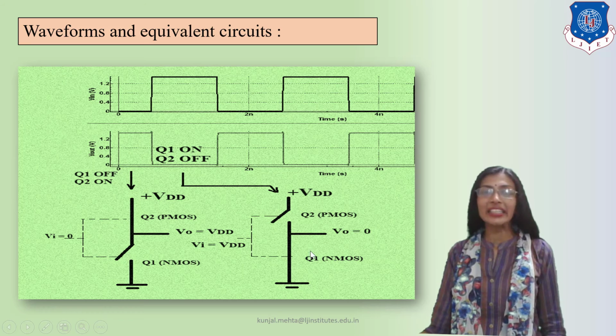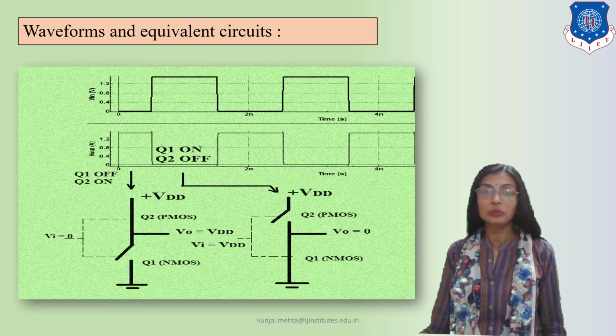This is the second case equivalent circuit when the input is high. So Vi is equal to VDD, plus 5 volt, or logically logic 1. These are the common two gate terminals, and when input is equal to 1 or plus VDD, then Q1 is on and Q2 is off. So Q1 is a closed switch and Q2 is an open switch.